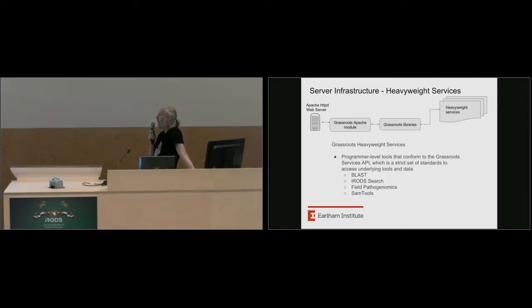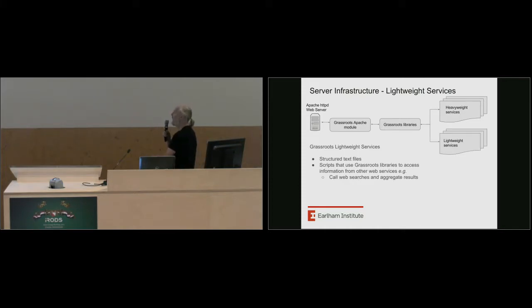So we've got a few services listed there, so BLAST, iRODS, FieldPath, Genomic, and SAMtools, which I'll explain as we go further on. But for people that aren't programmers, we also have the ability to create scripts. These are structured text files that can use the Grassroots libraries to perform simple tasks. We often use this to wrap up various different web search services that you might want to actually call and integrate into the Grassroots system.